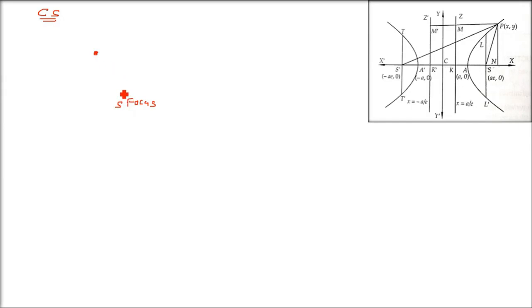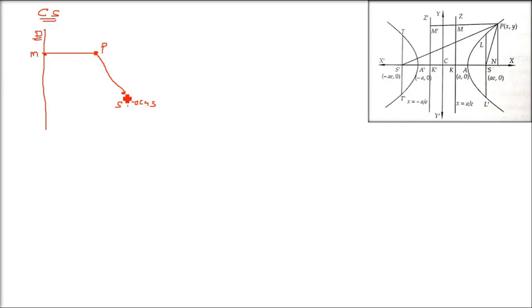So a point is moving such that its distance from a fixed point, which we are calling the focus, and its distance from a fixed line, which we are calling the directrix. So the distance of this point from a point and a line, the ratio has to be equal to some constant.